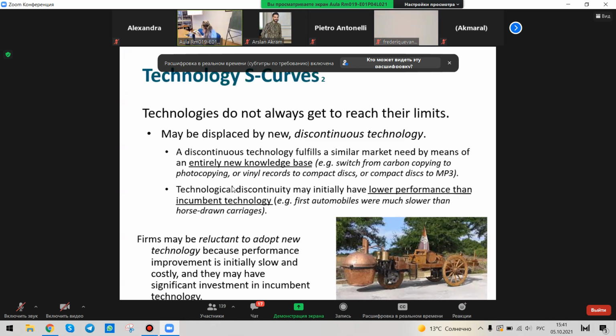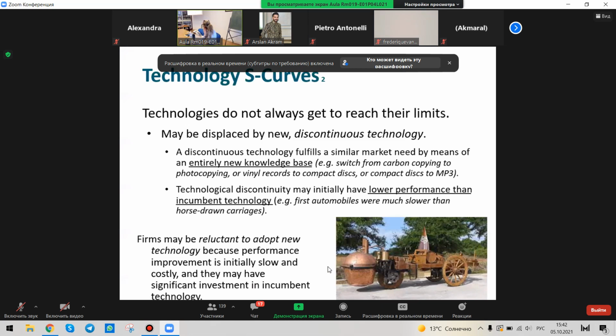So of course, like each innovation, discontinuous technologies usually have lower performance at the beginning. For example, the example we made yesterday: the first attempt to substitute a horse-drawn carriage with a self-drawn carriage.